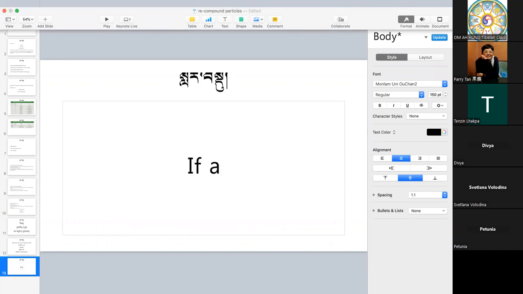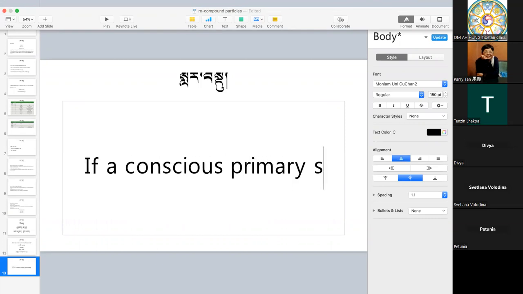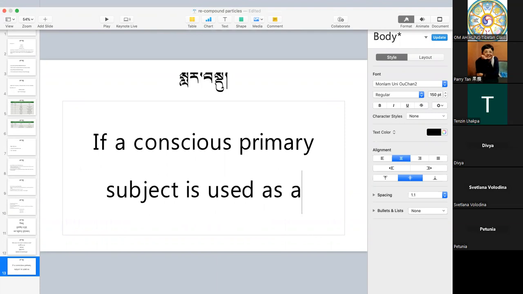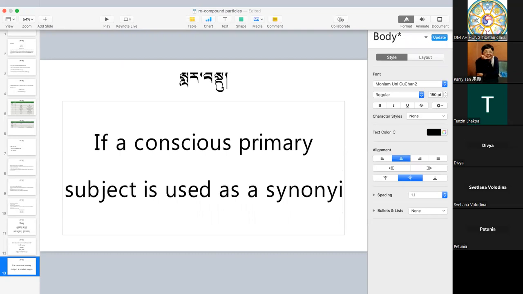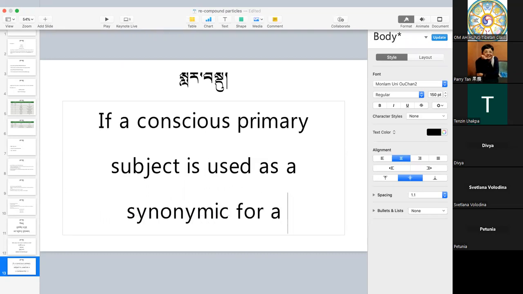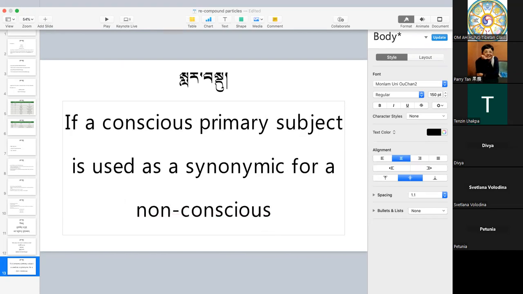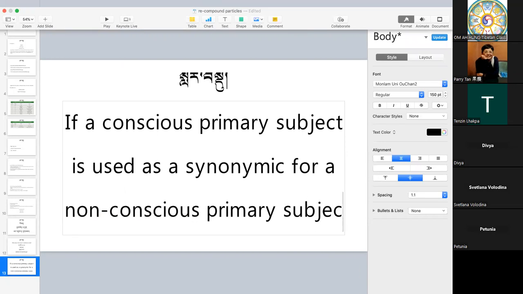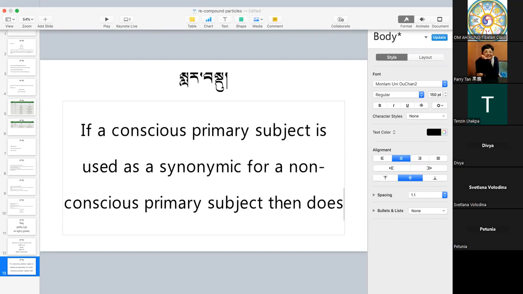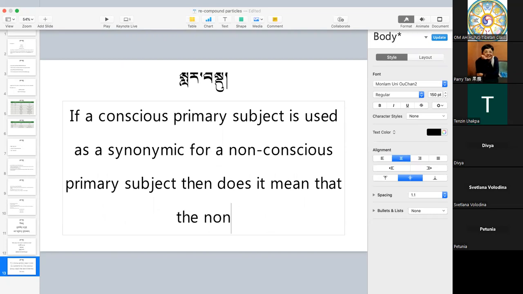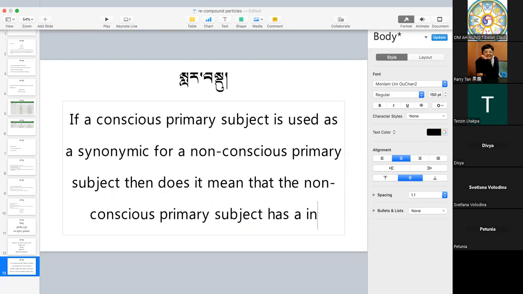So if a conscious primary subject is used as a synonymic for a non-conscious subject or primary subject, then does it mean that the non-conscious, very wonderful question, conscious primary subject has an intention?